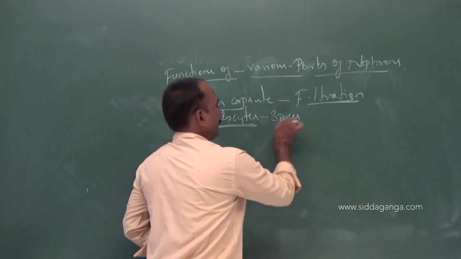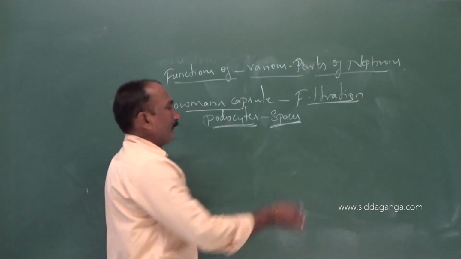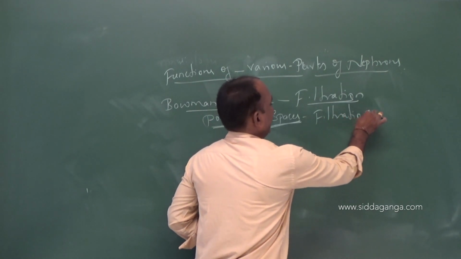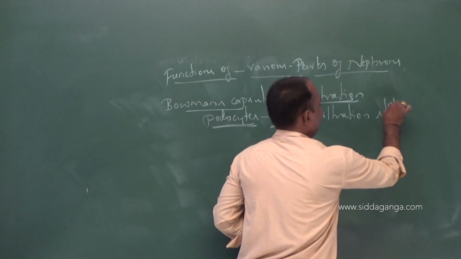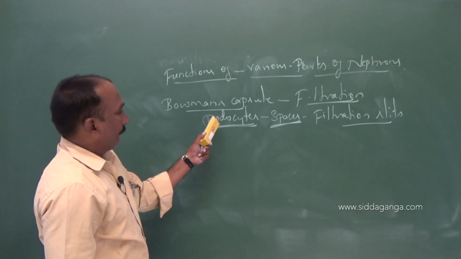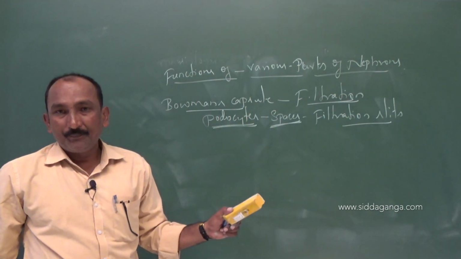Through those spaces, the blood is filtered. These spaces are called filtration slits. You have already studied filtration slits or filtration pores. Through them, the blood is filtered so finely.